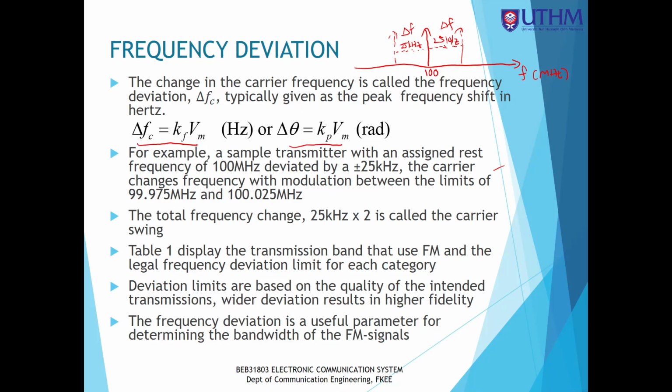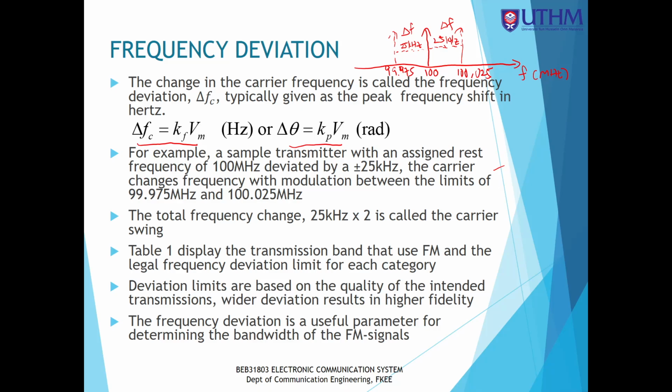Since the deviation is 25k, the maximum frequency is 100.025 megahertz, and here is 99.975 megahertz. So the carrier frequency deviates from 99.975 until 100.025, and the rest frequency is 100 megahertz.